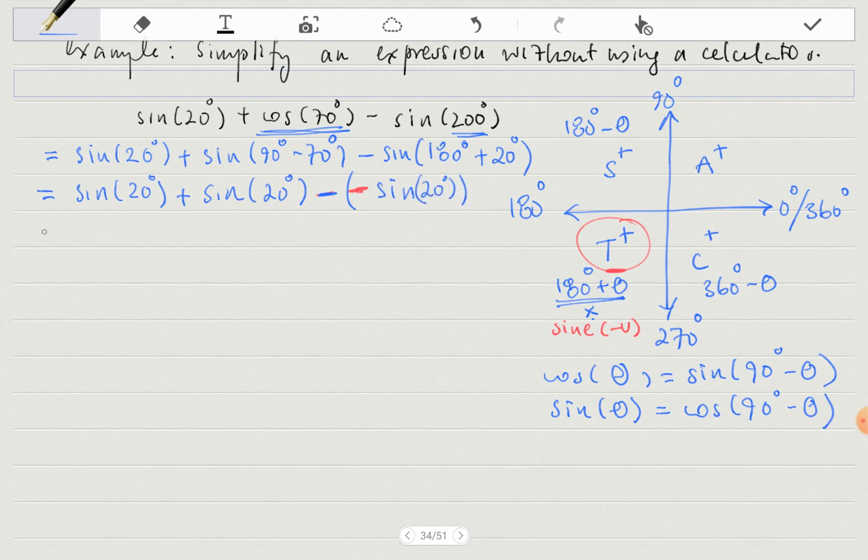So that's basically giving you sine of 20 degrees plus sine of 20 degrees plus another sine of 20 degrees, and your answer is just going to be 3 times sine of 20 degrees. You can't simplify that any further than it is right there.